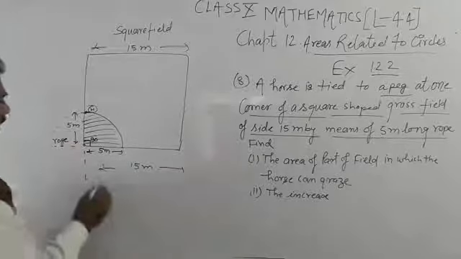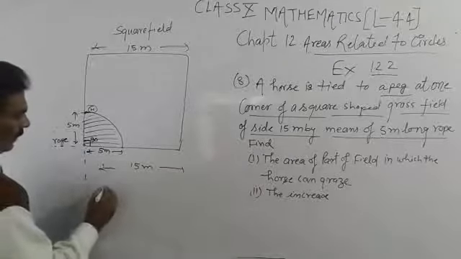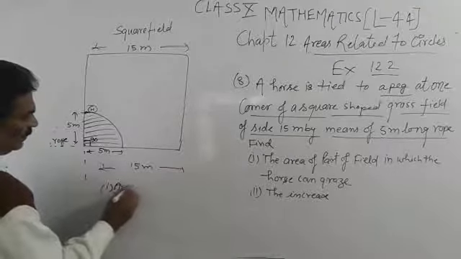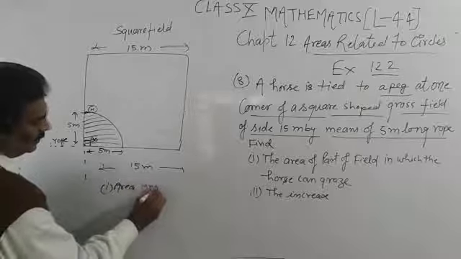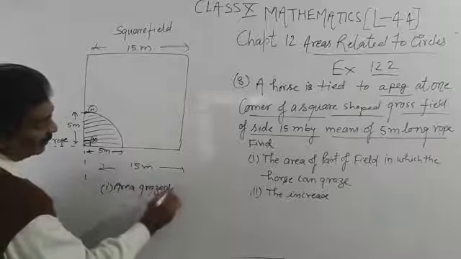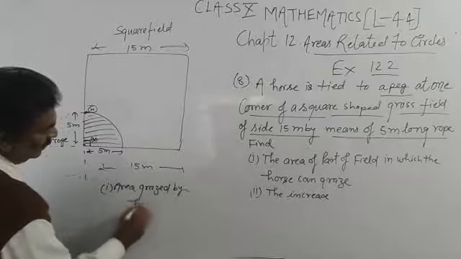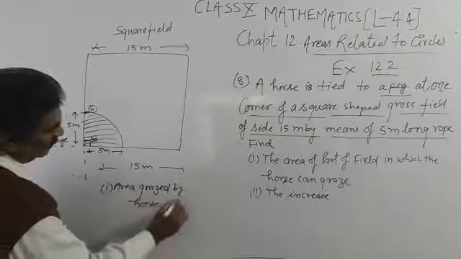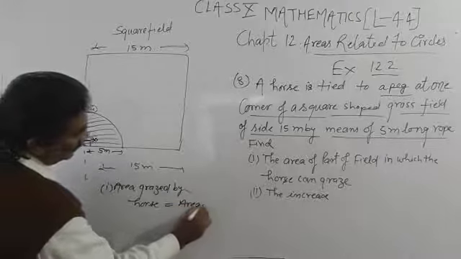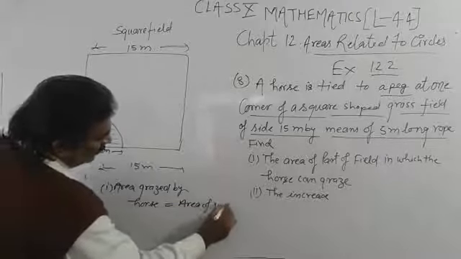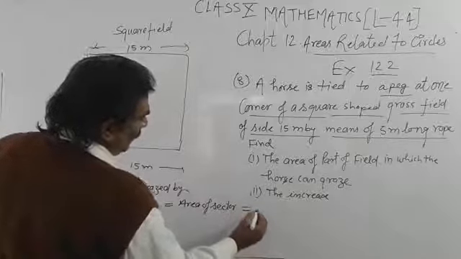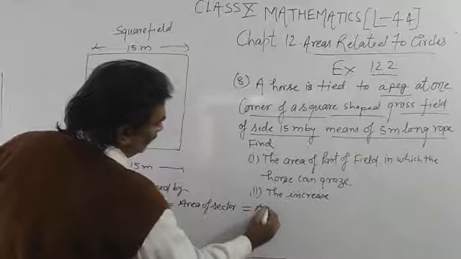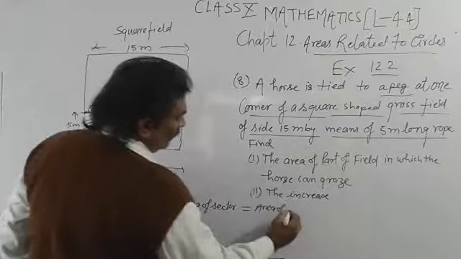So we can say that the first part, area grazed by horse, is equal to area of sector, or you can write here area of quadrant of circle.